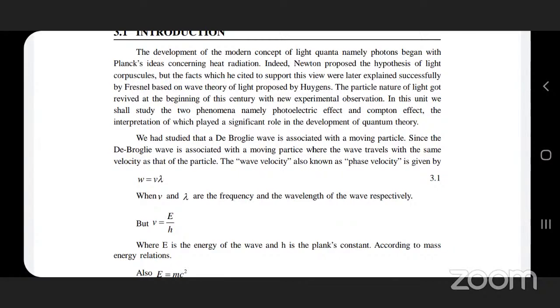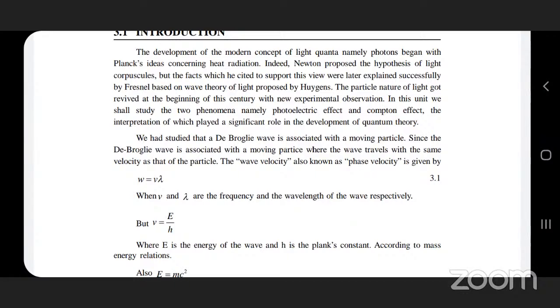Moving particle. Okay, sometimes it behaves like a particle, like an electron, and sometimes it behaves like a wave here. Why? Because an electron is a particle, if you consider, it has mass as well as momentum, mass into velocity, p equals mv. That is classical theory.